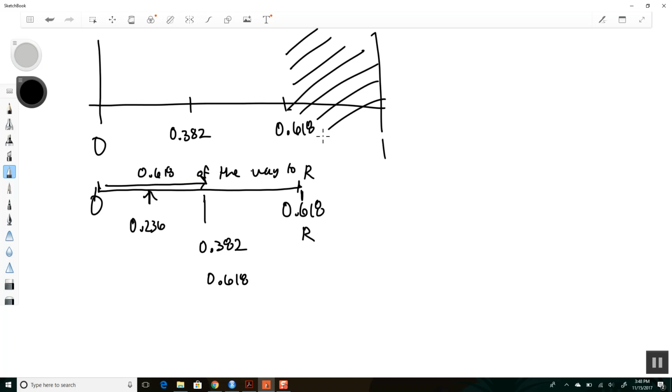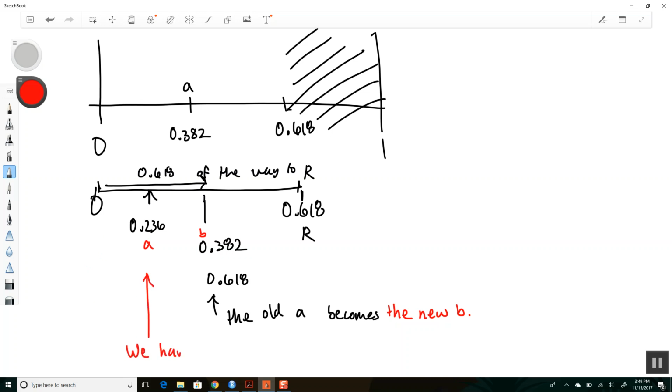The advantage of this is that the old A becomes the new B, and now I just have to find the new A.